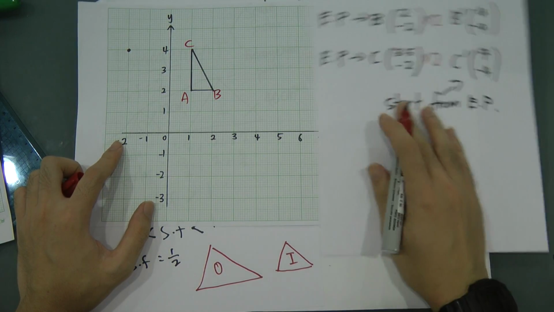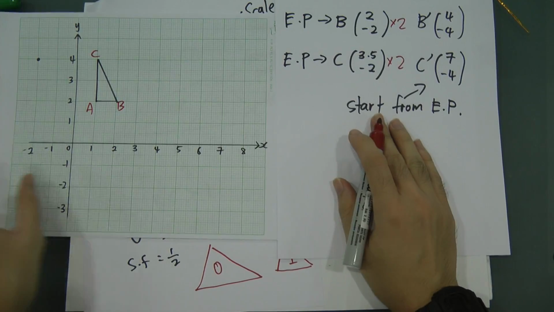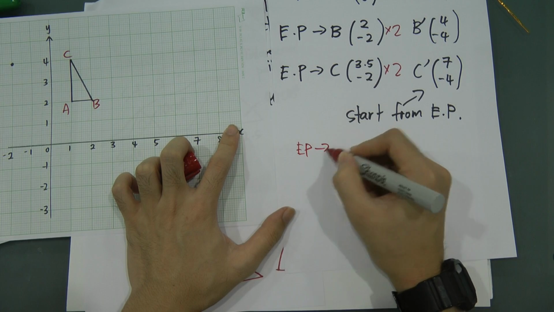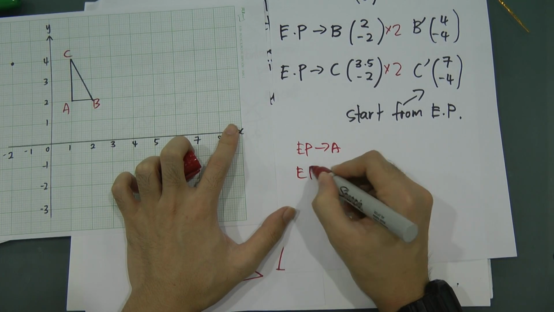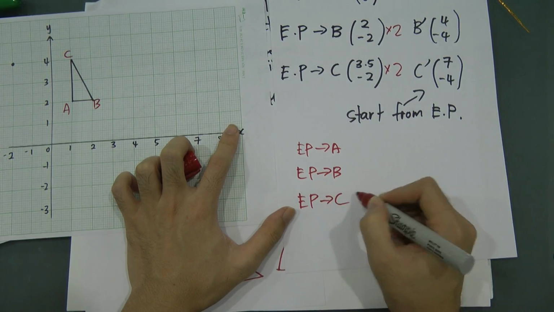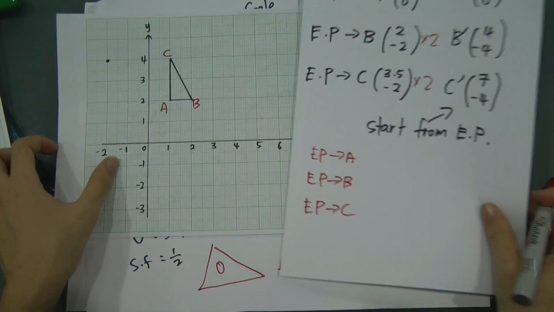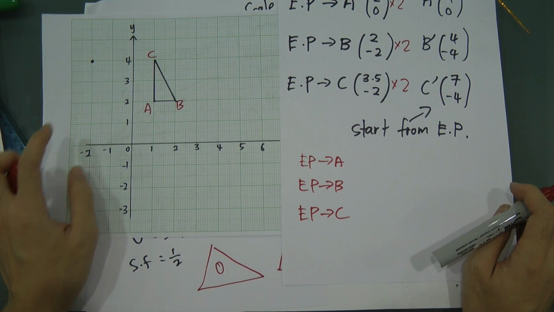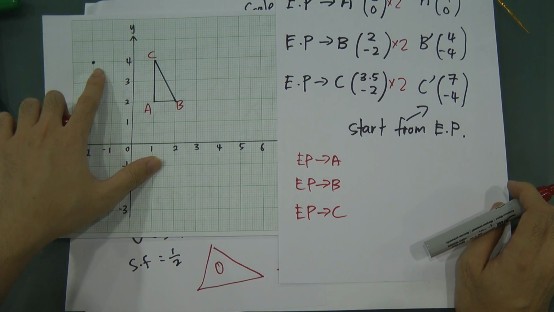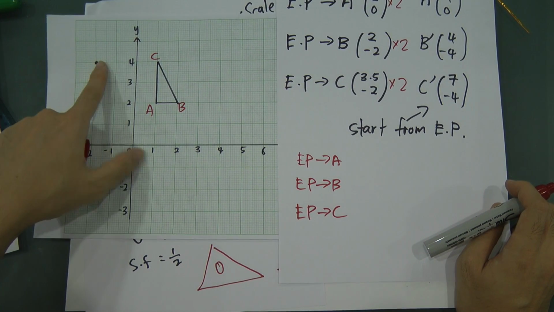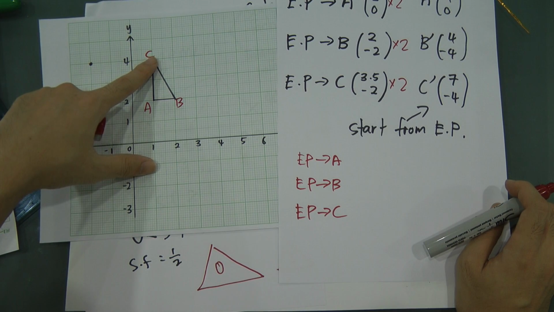What is important over here is from the enlargement point to A, from the enlargement point to B, and from the enlargement point to C. Find out the translation. Let's say for this one, A will be 1, moving to the right is positive, 1, 2, 3, 1, 2.